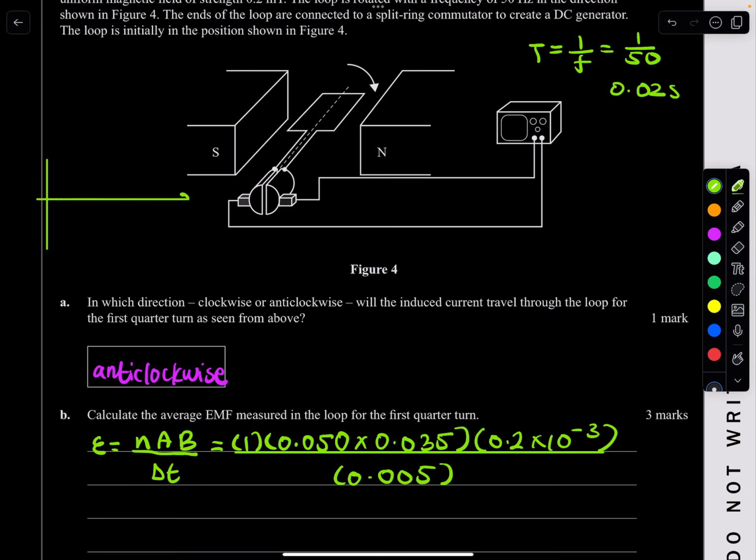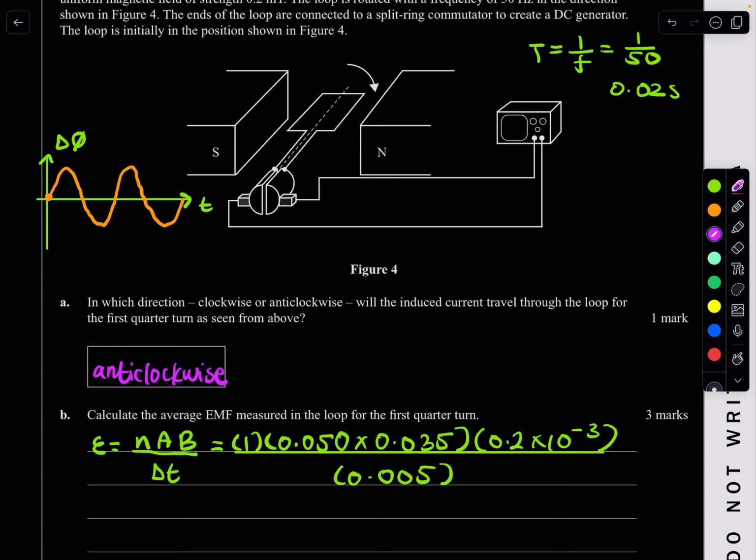We started initially with no flux because the magnetic field lines were not passing into the plane. So it started at 0, and for a full rotation it looks like this, and for 2 rotations it's going to look like that.